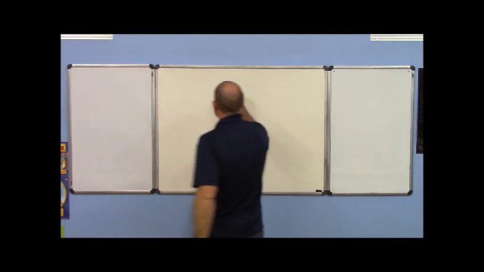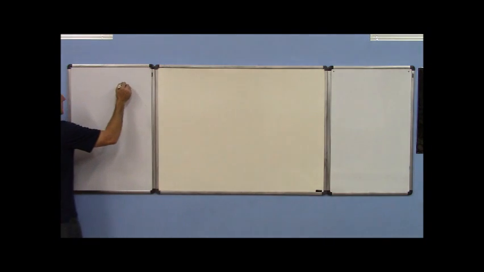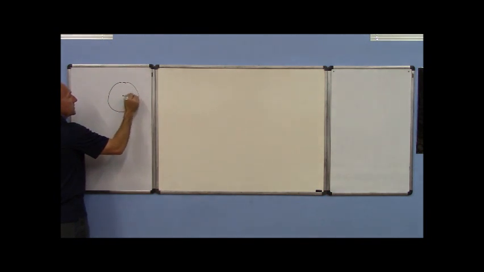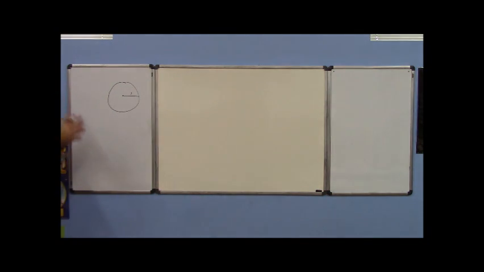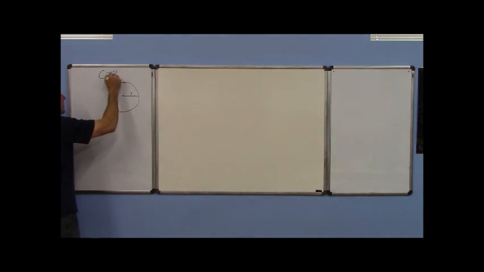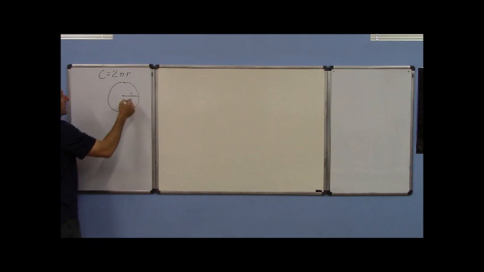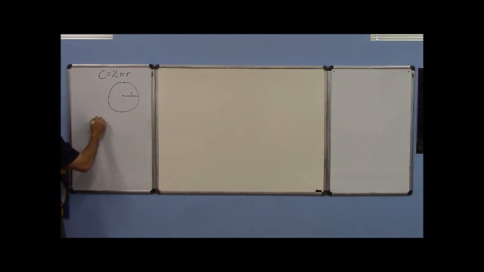We have a circle, and we are always dealing with a circle with a radius of 1. It is 1 measure unit out. So the circumference equals 2 times pi times the radius. Since the radius is 1, the circumference is going to be 2 times pi.